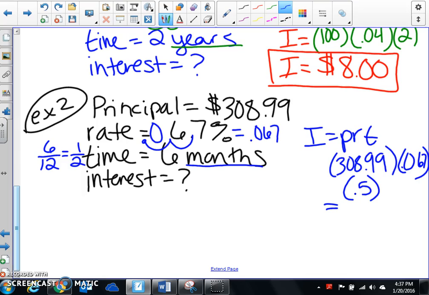In my calculator, I do $308.99 times 0.067 times 0.5. And once again, this is money, so we have to round it to the nearest hundredth. Money is always 2 decimal places. So I would get $10.35.